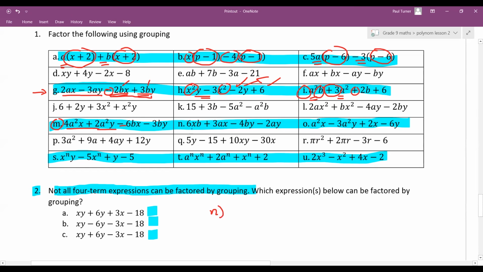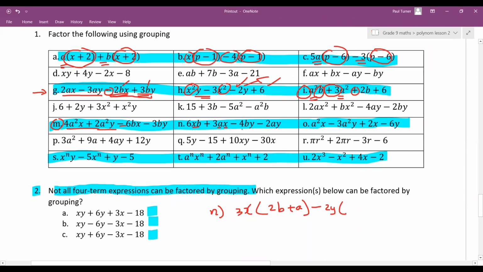Question N. Common factor looks like x and 3x. You would be left with 2b, a, plus a, keep the sign, minus, looks like 2y. 2y is a common factor.